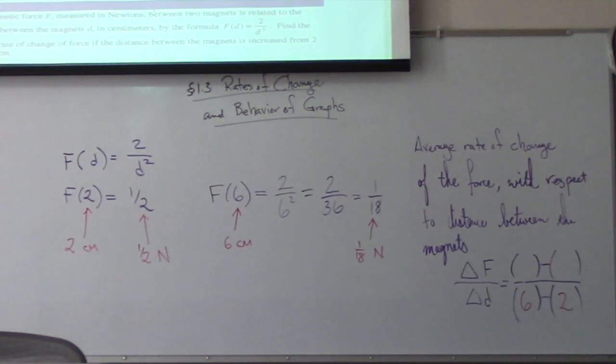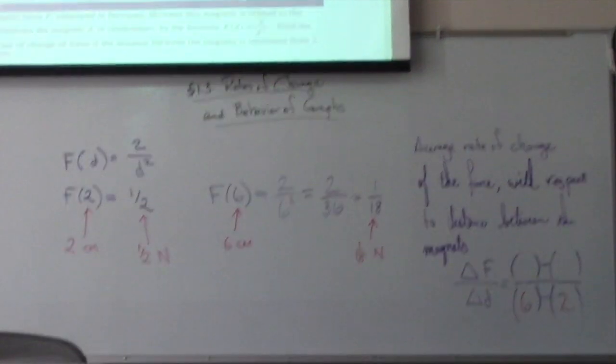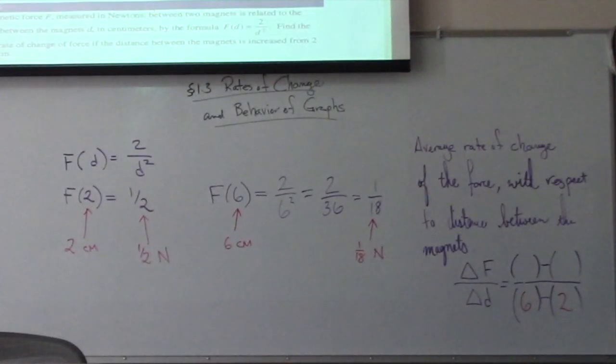The force would be 9/18 newtons to 1/18 newtons. Yeah, and before I write it down, I want you to think about this. Because when you're subtracting, the order is important, right? Is it more appropriate to put 1/18 and 1/2 one way, or 1/2 and 1/18 the other way? 1/18 minus 1/2, because you've got to have them lined up. Right.